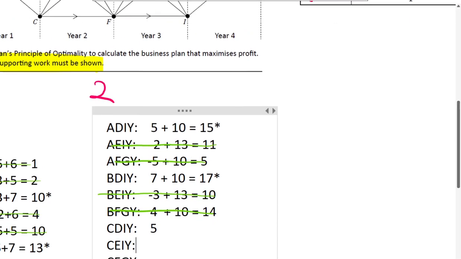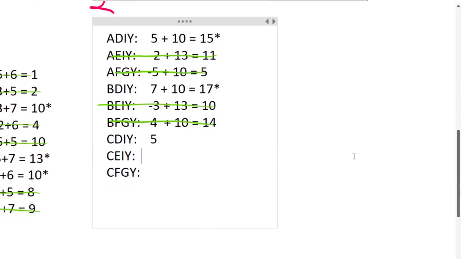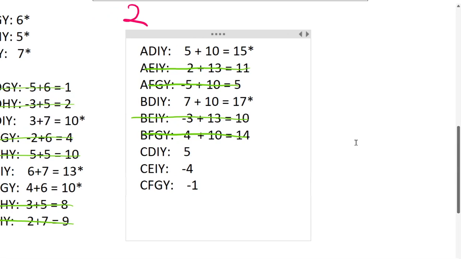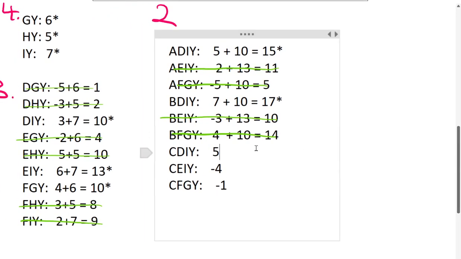So it's 5, minus 4, minus 1. And again, we put in the weights for our DIY, the weight for our EIY, which is 13, and the weight for FGY, which is 10, which is 9.